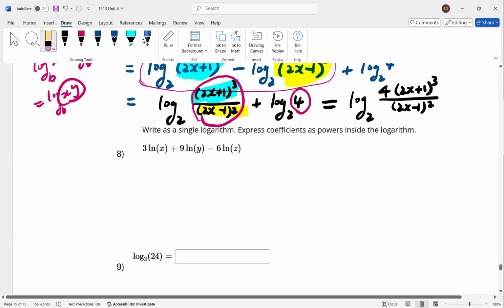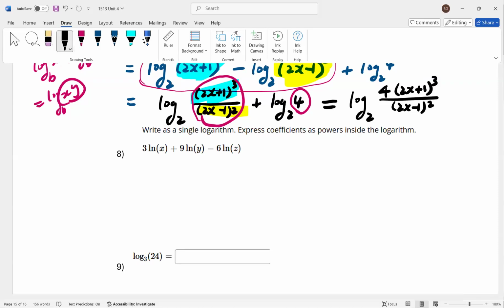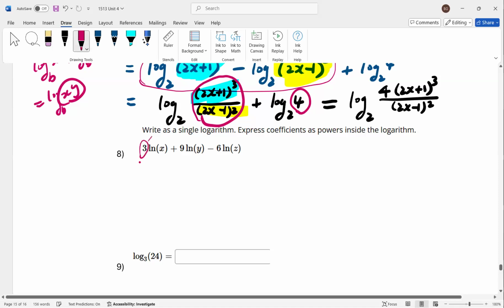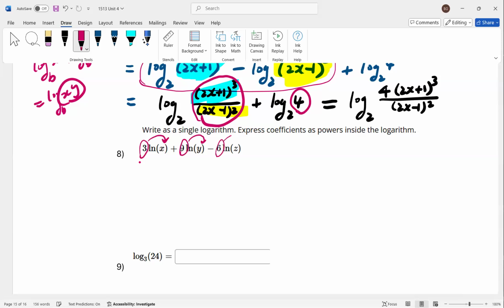And this one actually is simpler than the previous problem. And we are going to do the power rule first. And then we have ln x cubed plus ln y to the power of 9 minus ln z to the power of 6.